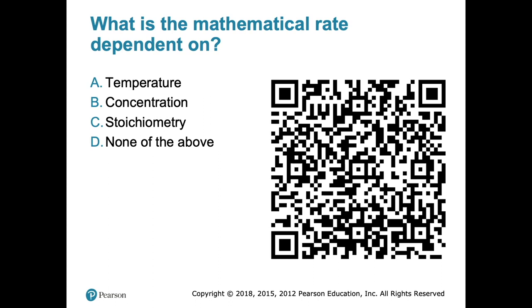All right, so looking at the answers. Good job. The vast majority of you got that one right. The answer is, in fact, stoichiometry. Stoichiometry is what we depend the mathematical rate on, because stoichiometry is the coefficients, and those coefficients go straight into the rate equation.